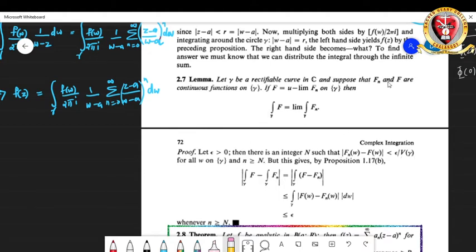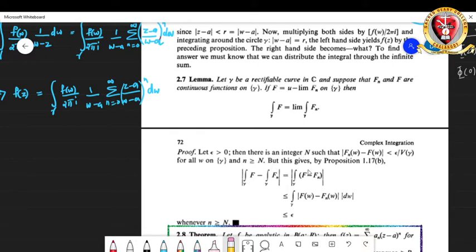Since the Fn's and F are continuous and F happens to be the limit of Fn, we get that modulus of F of w minus Fn of w is strictly less than epsilon by V of gamma for every w on the trace of gamma and n greater than or equal to some capital N. There exists such an n.